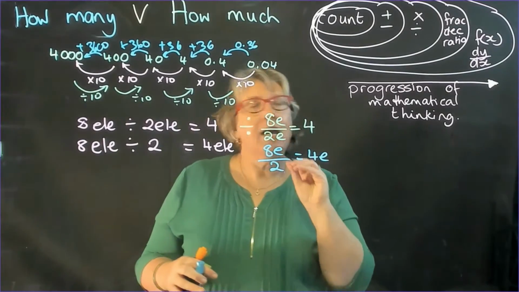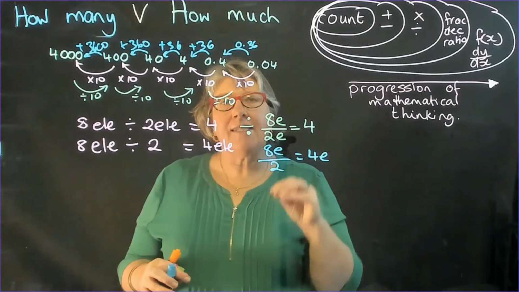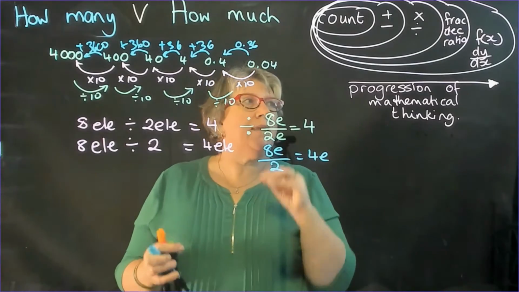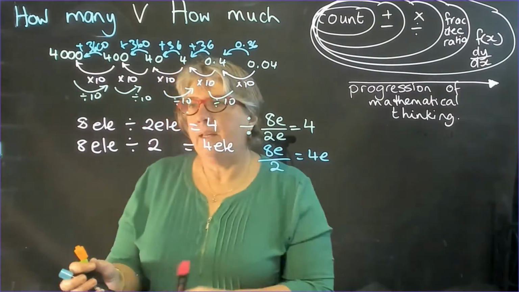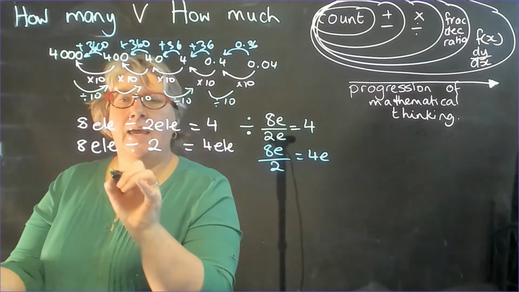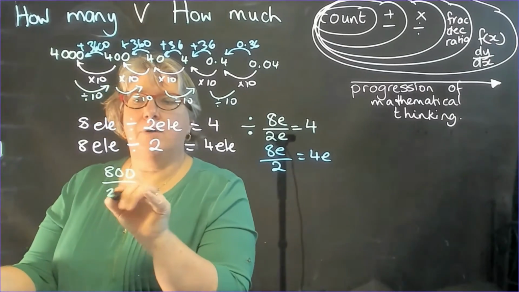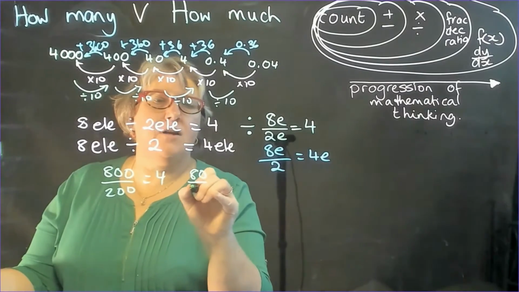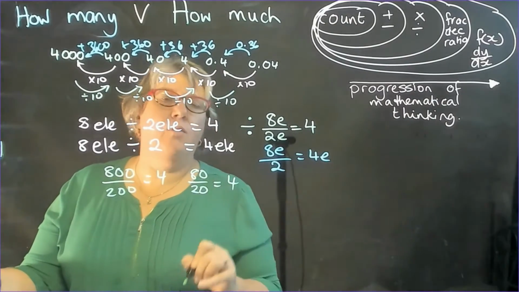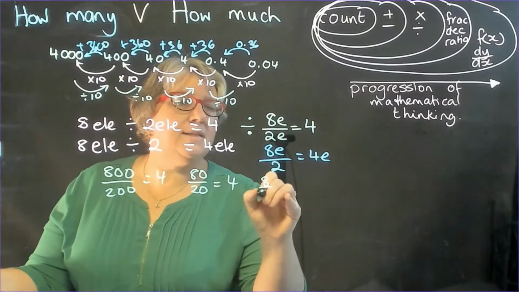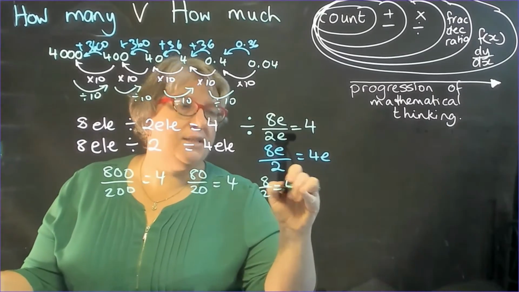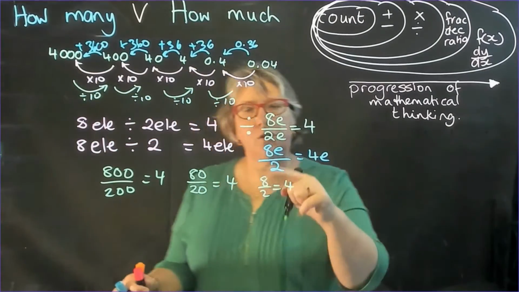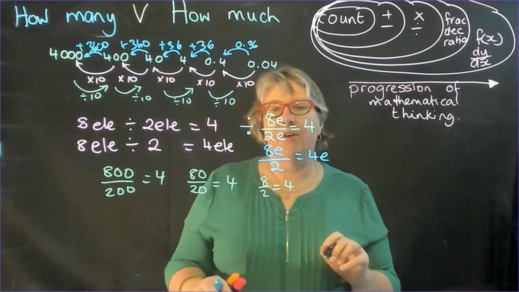So the size of the unit doesn't change the relationship between the numbers. For example, if I've got 800 divided by 200, I get 4. If I've got 8 tens divided by 2 tens, I still get 4. If I've got 8 ones divided by 2, I still get 4. As long as those units are the same size, I can divide them.